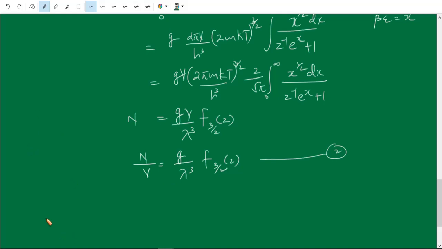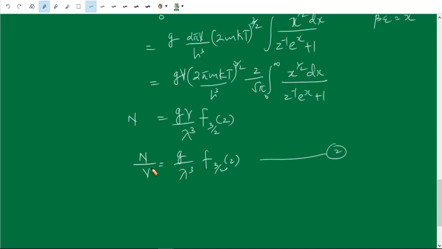Now eliminating z between expressions 1 and 2, we get the equation of state. Sorry, eliminating z between 3 and 4.